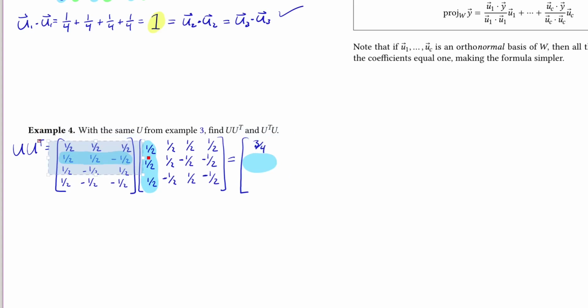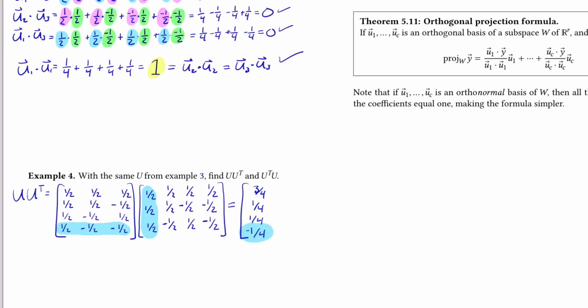Moving on to the next one, you end up getting 1/4 because 2 of them cancel out. In row 3, we get 1/4 again. And in row 4, we get negative 1/4. Going on to column 2, we get 1/4 here, and we'll just continue.